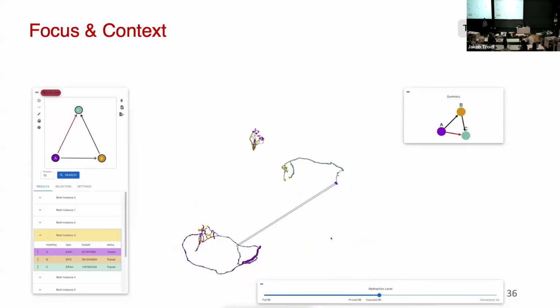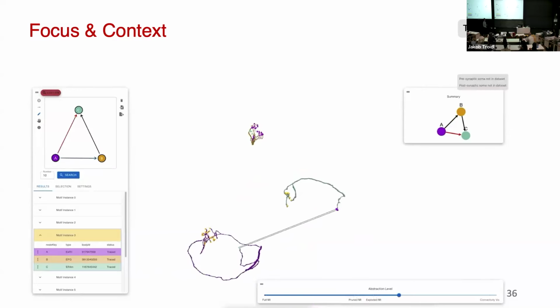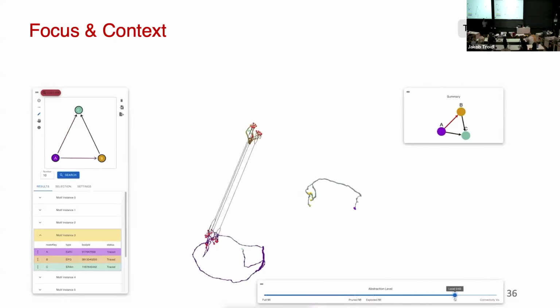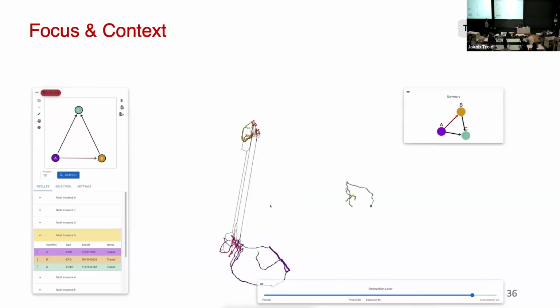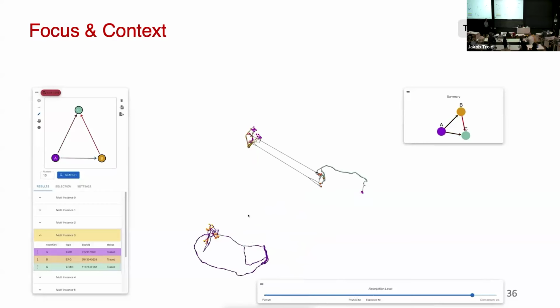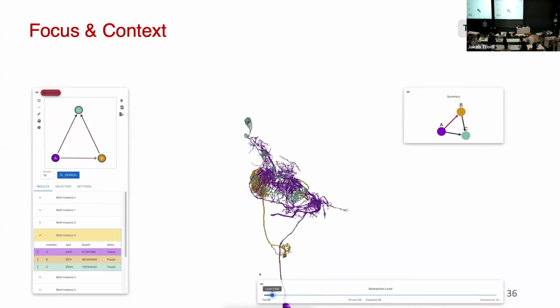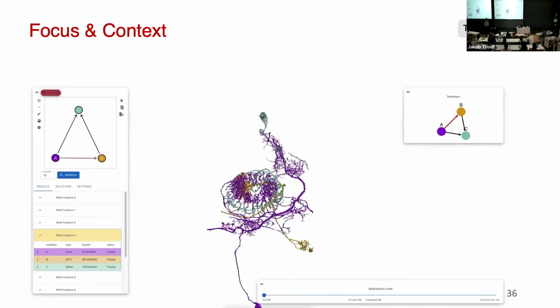And then by dragging the slider a little further, it would spatially pull those neurons apart and draw links between the pre and postsynaptic sites. Now you can see how it becomes much more visible how this triangular pattern is implemented in this set of neurons.